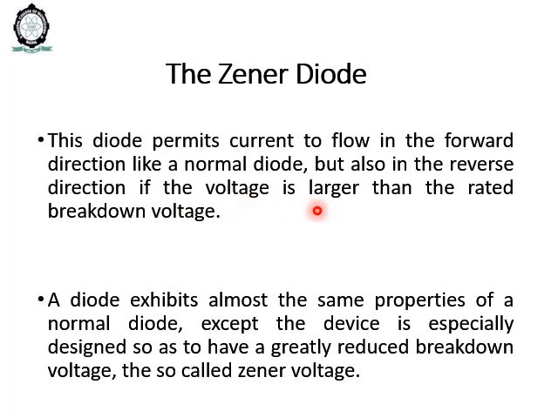The voltage at which the reverse current is very high is known as the breakdown voltage.